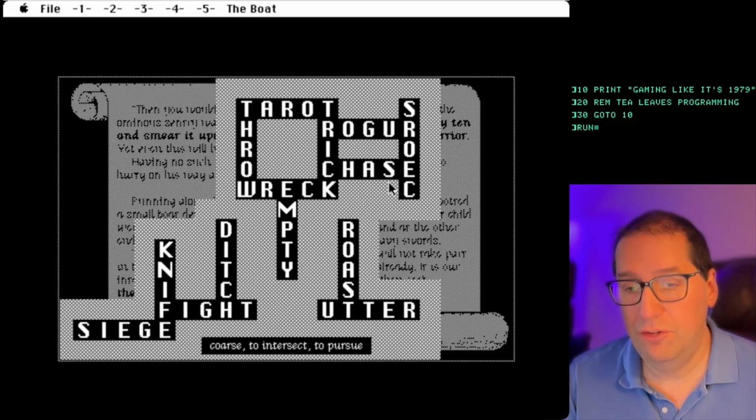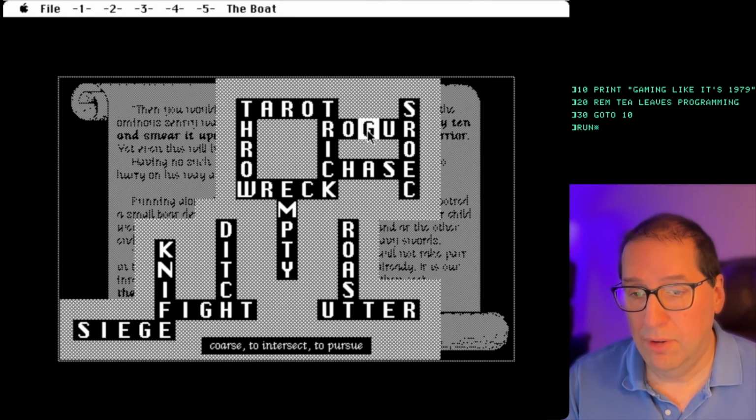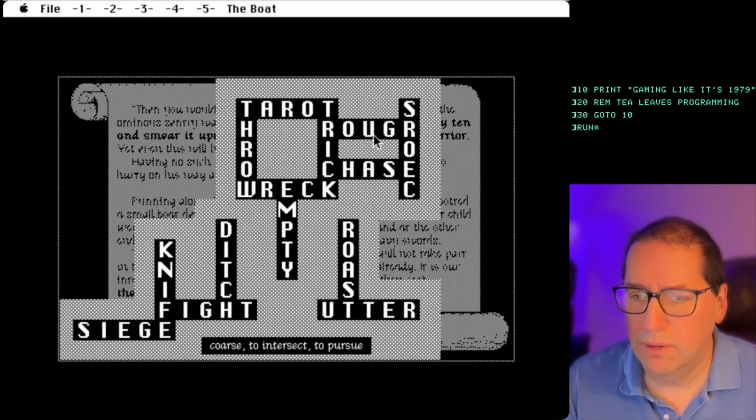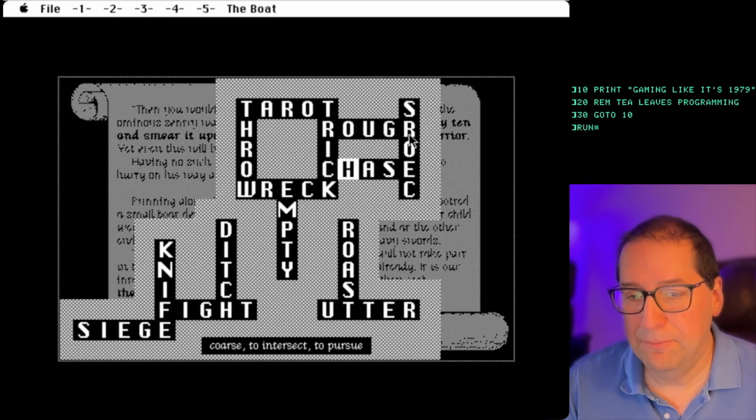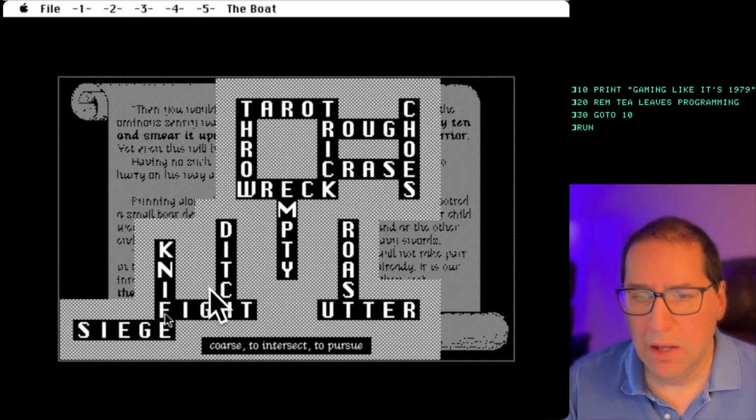So if we assume that chase is correct, that immediately suggests rough as course, but then that doesn't fit because we would need the R from there. Or rather, we need the H, right? Oh, but if we need the H, the chase doesn't have to be there. It could be there, right?